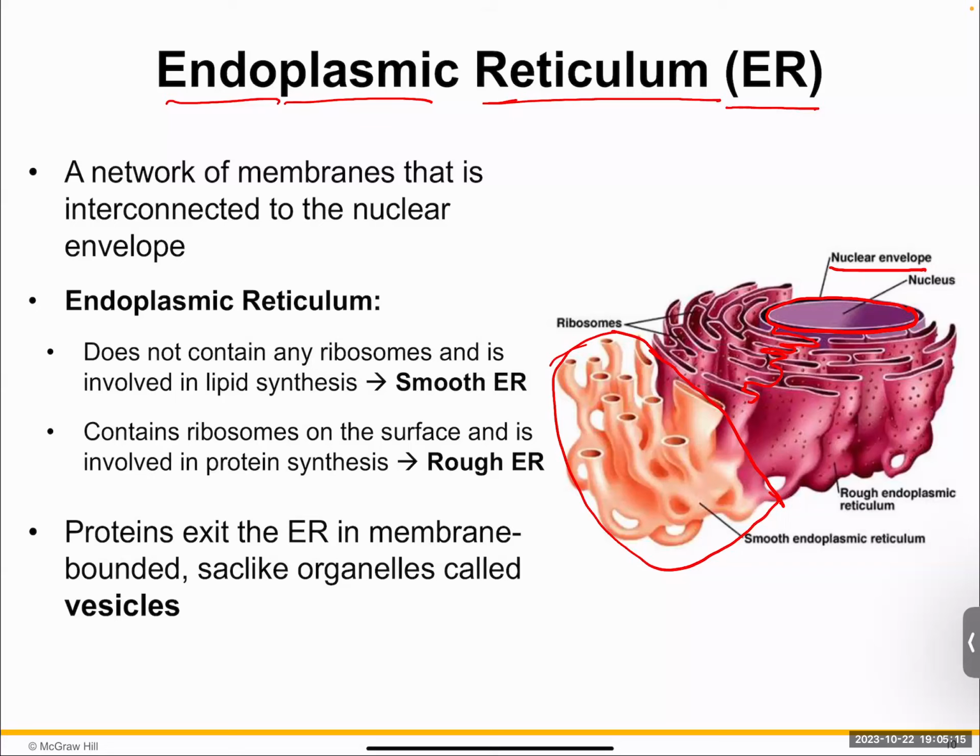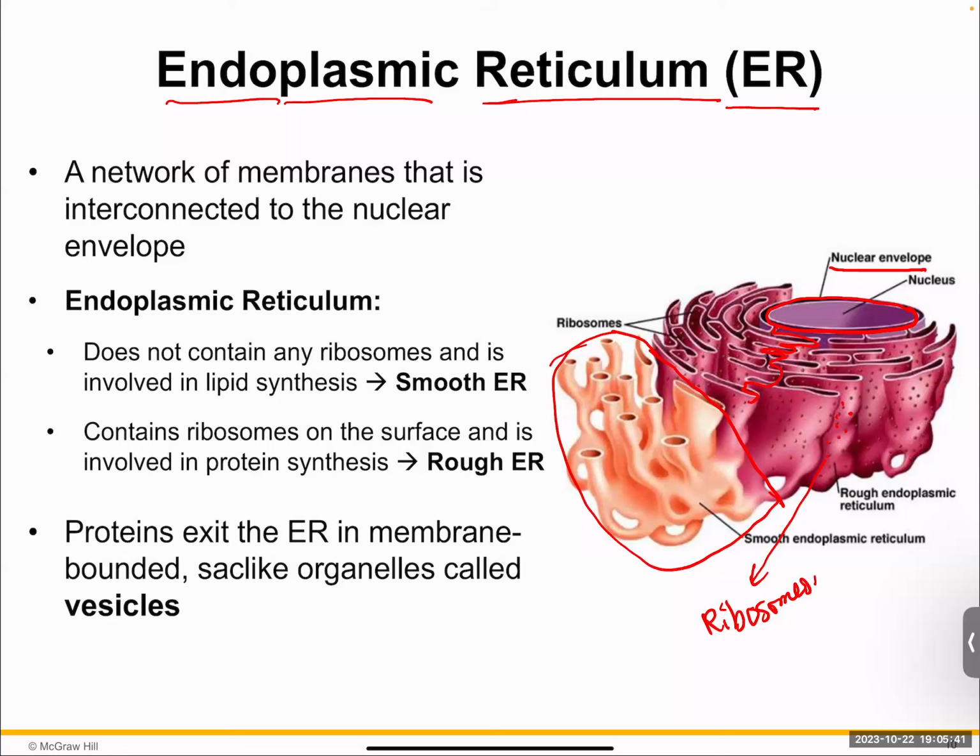But why do we have two structures? Part of the endoplasmic reticulum contains these little dots that you see. These little dots are basically representation of your ribosomes. So these ribosomes are sitting on the surface of your endoplasmic reticulum. And because of the presence of ribosomes, they're giving it a rough surface.